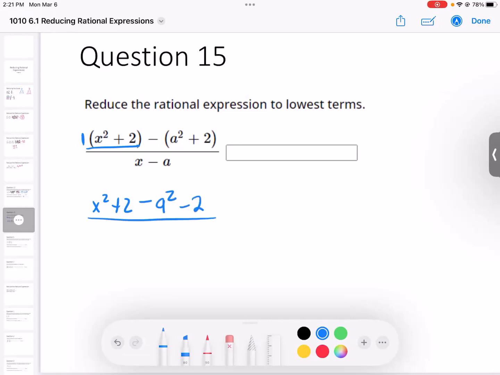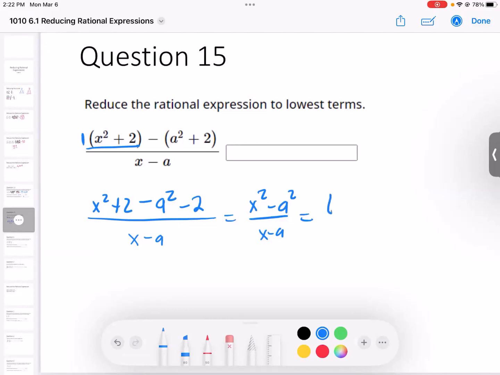And this whole thing is still over x minus a. And when I simplify this, well, 2 and -2, if you add those together, that equals 0. So you end up with x squared minus a squared over x minus a. And x squared minus a squared is a difference of squares.